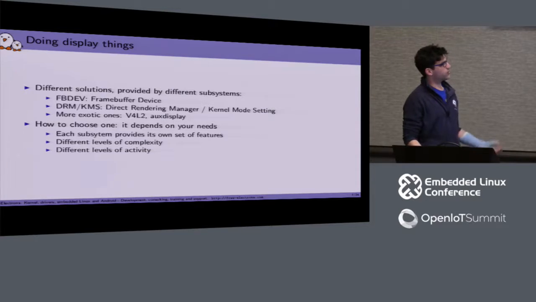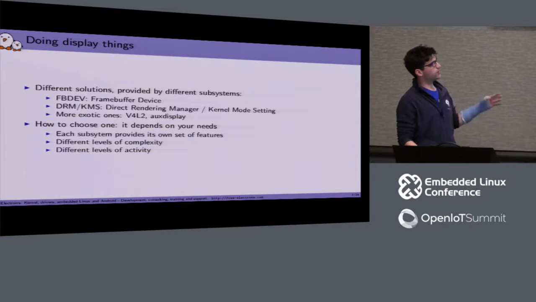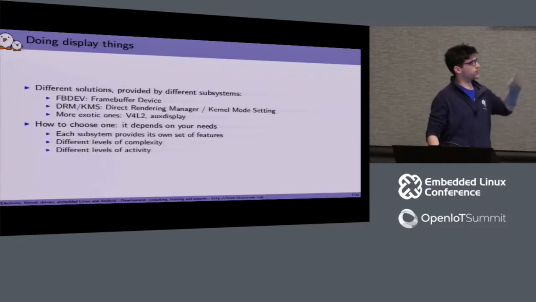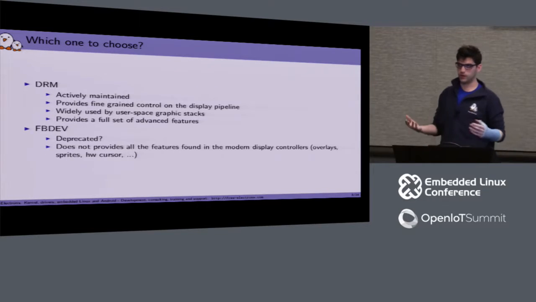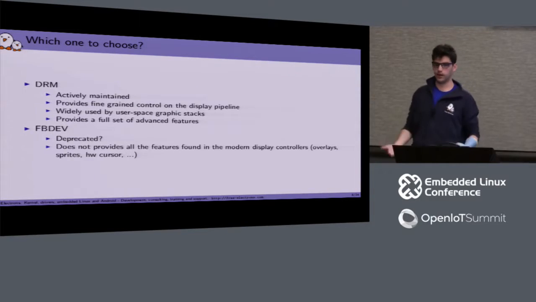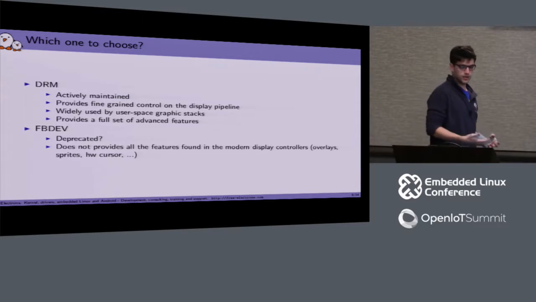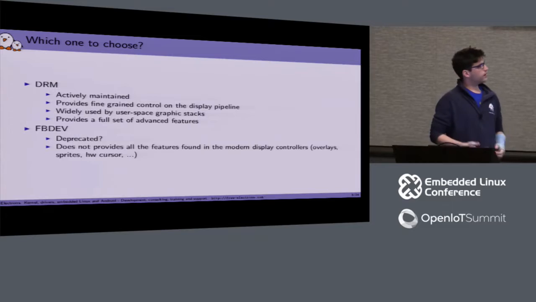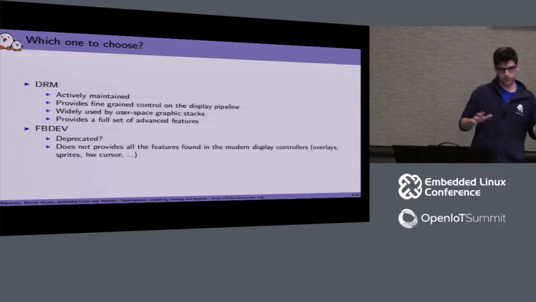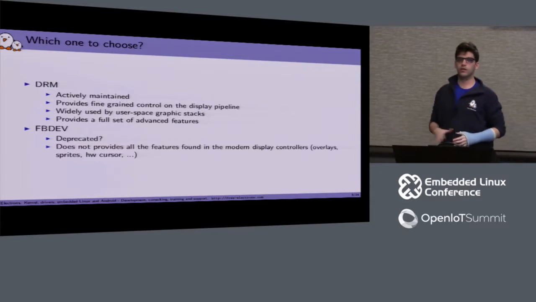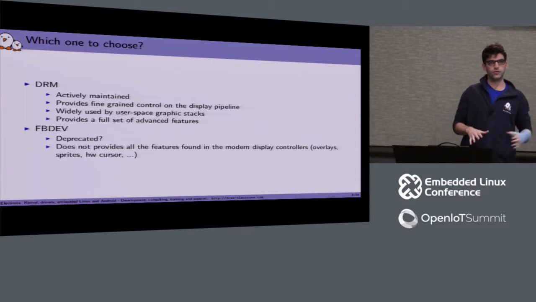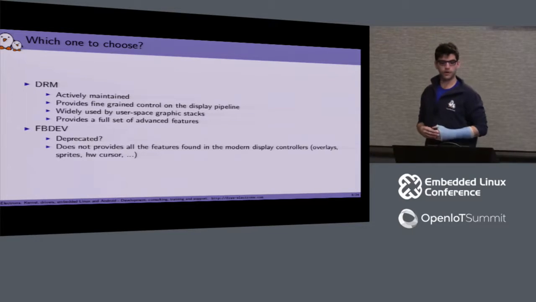So yeah, we're mostly going to be talking about, at least in the next slide, fbdev versus DRM, because it's the only actual choice that we might have. And so DRM is actually actively maintained. It's actually very nice when you want to control a video pipeline with several components. It can deal with it.